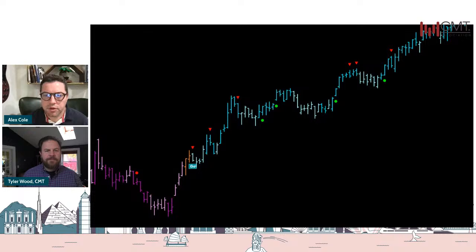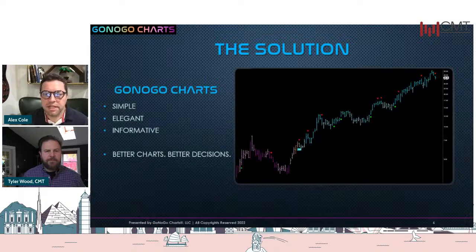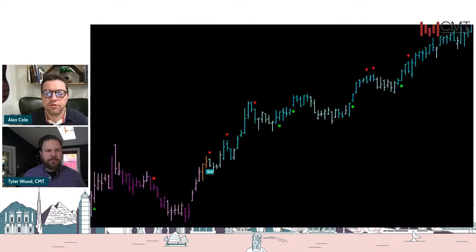So what you're looking at here quickly is when the stocks are in a go trend, we'll see blue and aqua colors. When the stock or the asset that you're looking at is in a no-go trend, you'll see pinks and purples. And when you see amber bars, that's often a transition between trend or sometimes just areas of uncertainty.